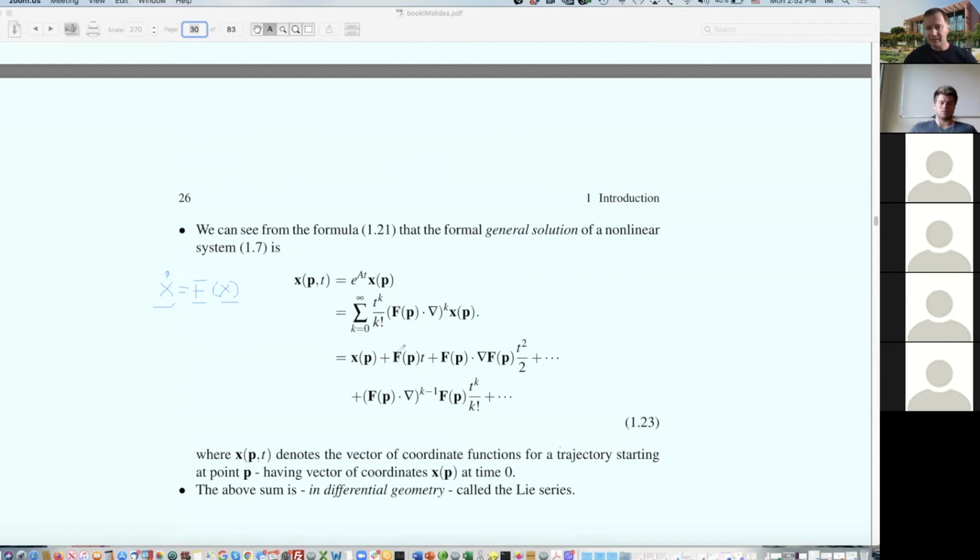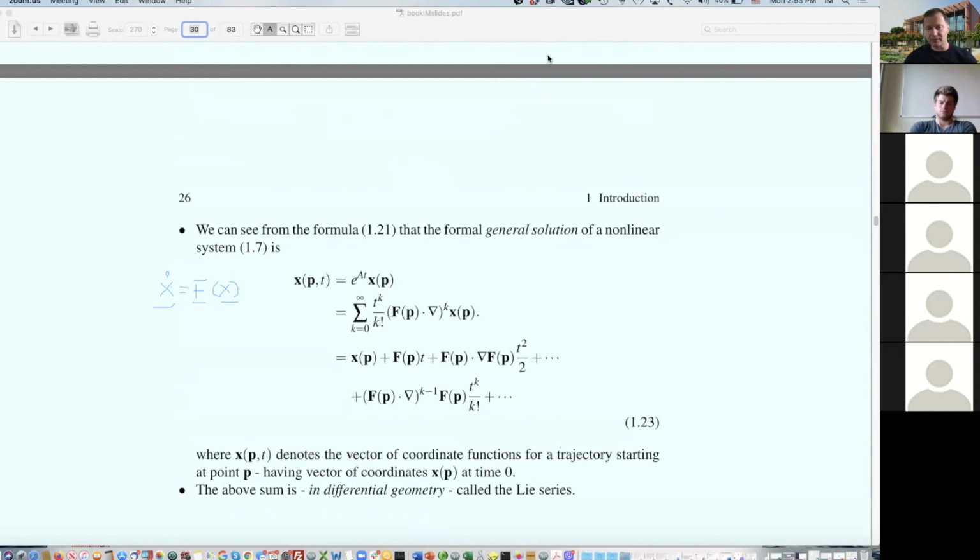And then you have a term f of p t. That's when k is equal to 1. Grad of x in that case is identity. So what is left is t to the first power over k factorial, k is 1, so that's just 1, times f of p.